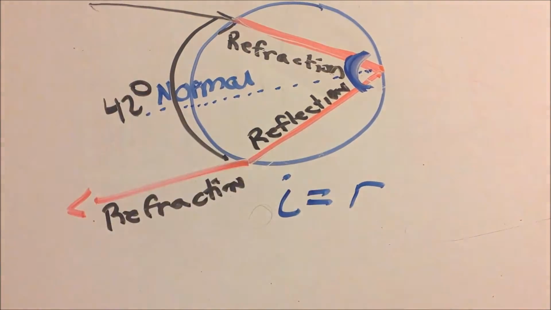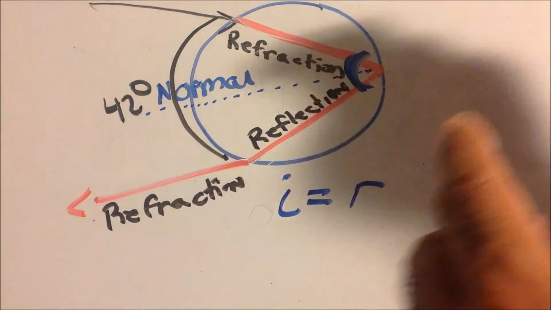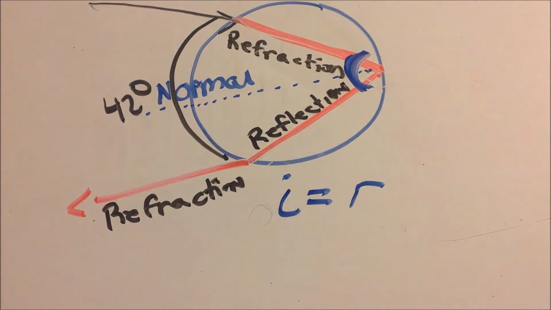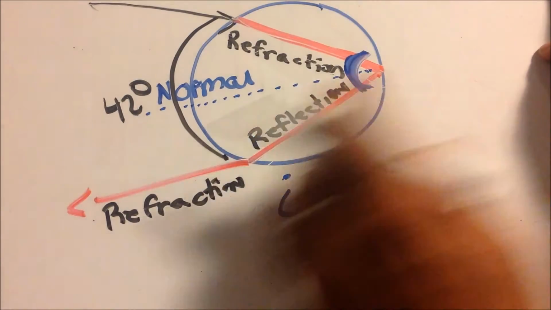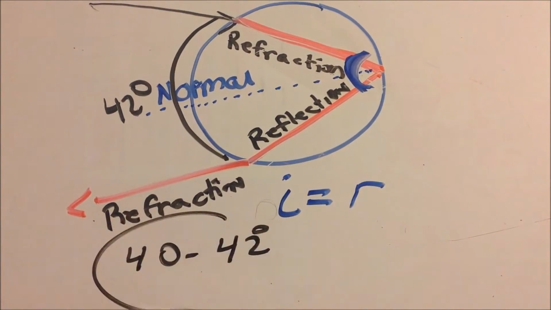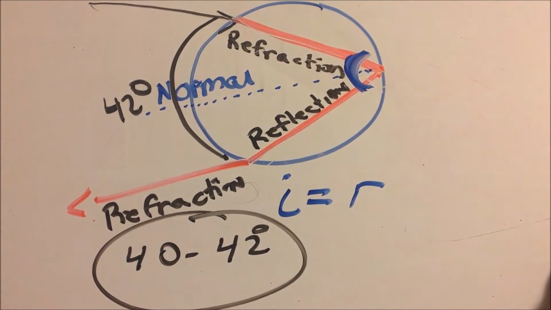It's a 42-degree angle that the red is coming out. And the blue will come out at 40 degrees, and the rest of the colors of the rainbow will fall between that 40 and 42 degrees. So the only way you're seeing a rainbow is if the sunlight comes in at a certain angle and pops out between 40 and 42 degrees. Anything more or less, you won't see the rainbow.